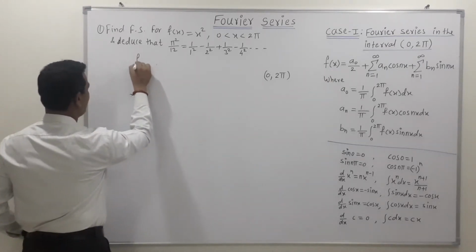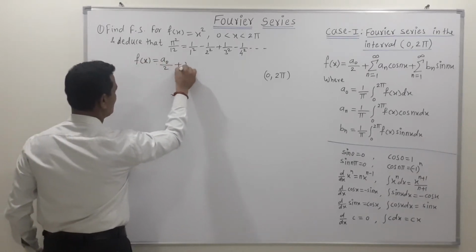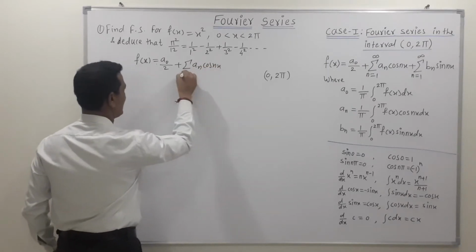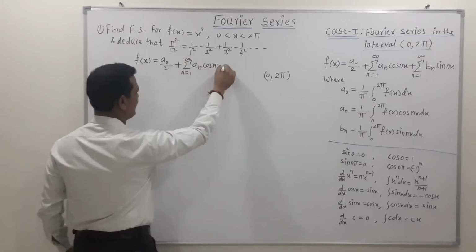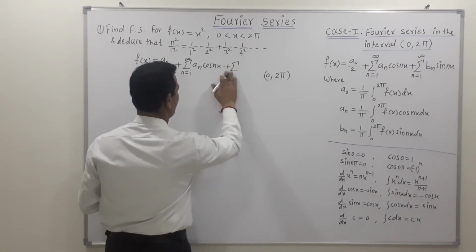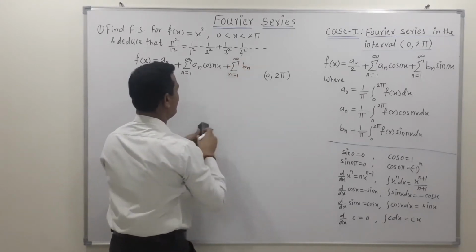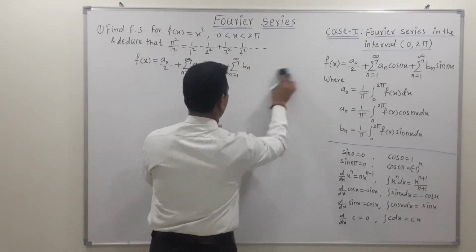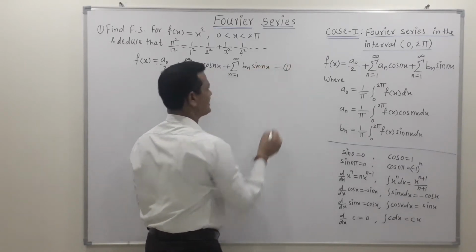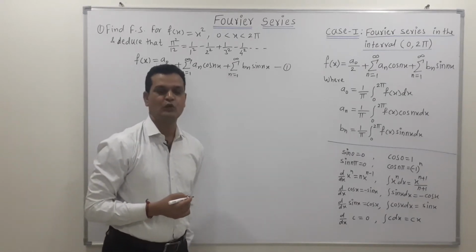We can write this definition as f of x is equal to a naught by 2 plus summation a n cos of nx, n from 1 to infinity, plus summation bn sin of nx, n from 1 to infinity. Let's call this equation number 1. This is the definition of Fourier series for the interval 0 to 2 pi.